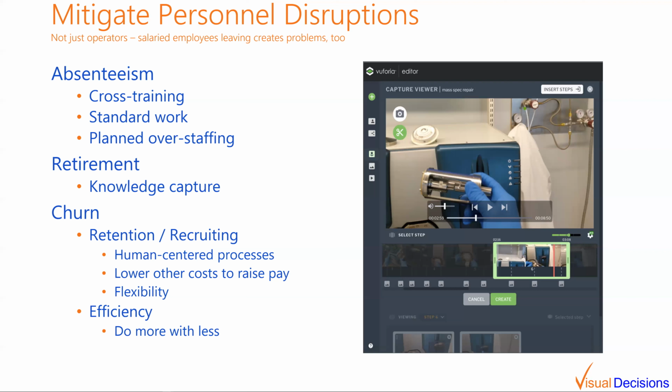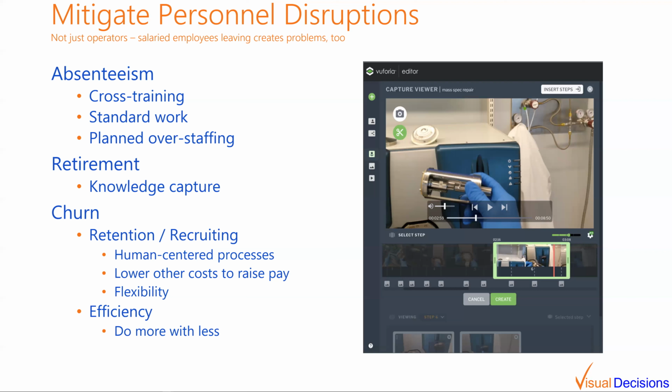And then if you do have overstaffing on a given day, how can you utilize those people most effectively, whether it's running the process more quickly than you would normally do so that you can get ahead a little bit, or whether it's being able to do continuous improvement with those people, do additional training so that if you have extra people in a given day, you can cross train some of those extra people to do additional tasks that they may not have been qualified for in the past. Take that opportunity to cross train your people. So that is another way that you can look to go about this.